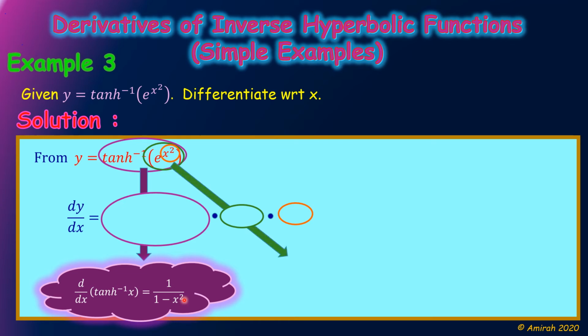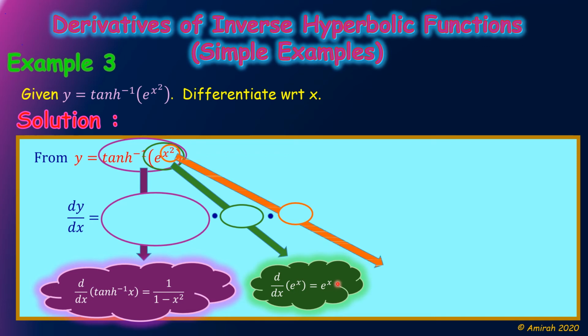Then to differentiate e to the power of x squared, we refer to the basic formula for the exponential function. The derivative of e to the x is e to the x. And then we differentiate the inner circle, x squared. The answer is 2x.